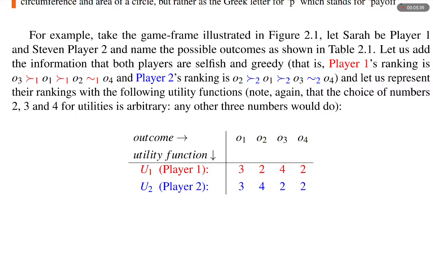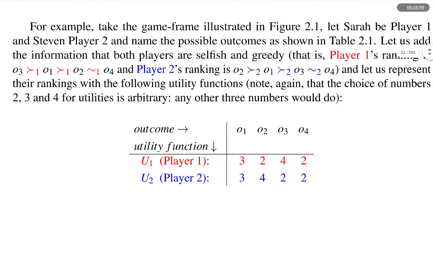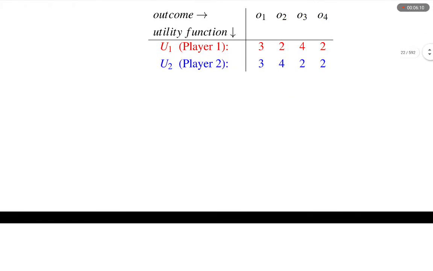For outcomes O1, O2, O3, O4, the utility function for player 1, U_1, gives 3, 2, 4, 2. And the utility function for player 2, U_2, gives 3, 4, 2, 2.